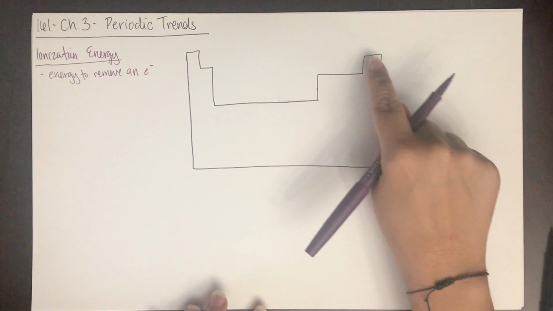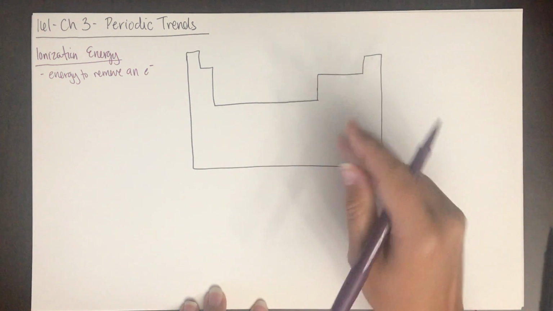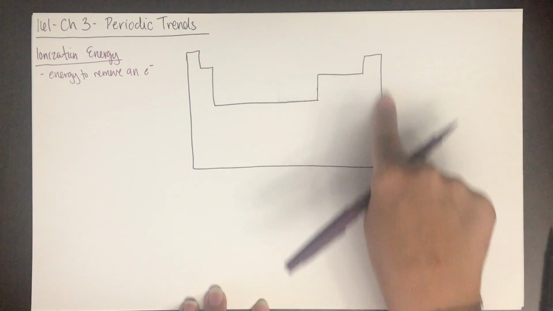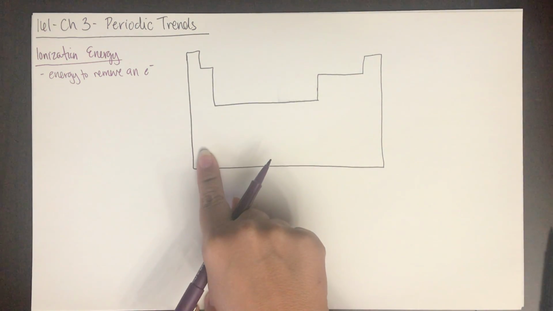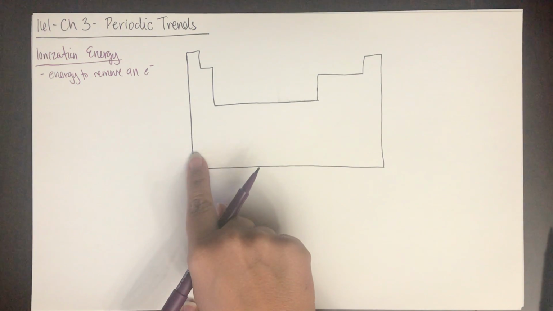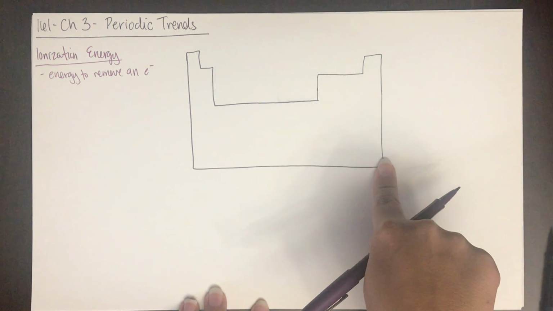So if you wanted to remove an electron from something over here, it would be extremely difficult because these already have the most desired electron configurations. Over here, it's really easy to remove an electron because these in group 1 and 2 want to lose electrons so they can be stable like their nearest noble gas.